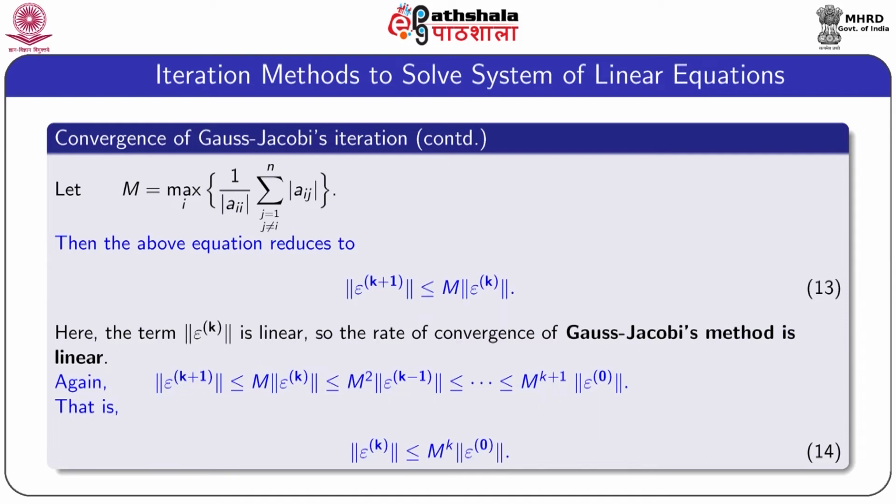That means we obtain a sequence of norms of the error vector, and finally we can write the norm of epsilon_k is less than or equal to M to the power k times the norm of the error vector at the 0th iteration. So, this expression gives the relation between the error at the kth iteration and the error at the 0th iteration.